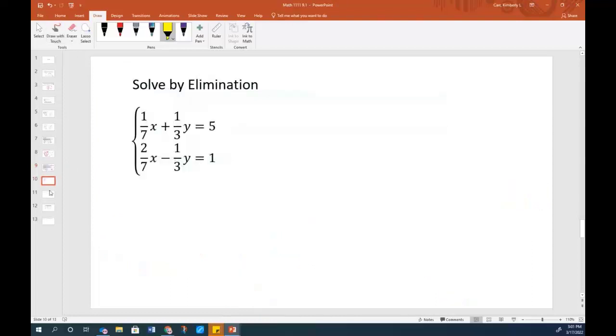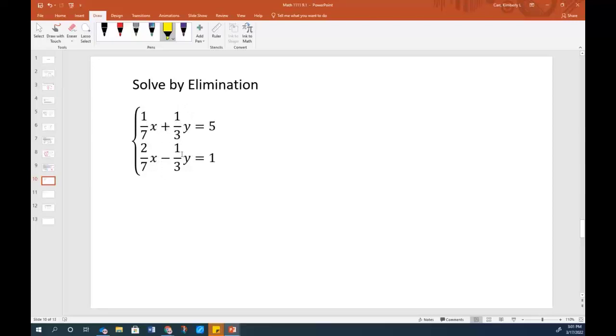So let's do another one with elimination. I particularly chose this one because it's got fractions, but first of all, don't necessarily worry about that. Notice how these actually have opposite coefficients.